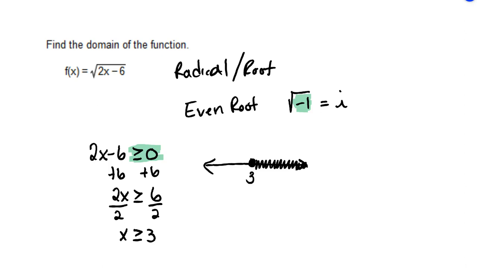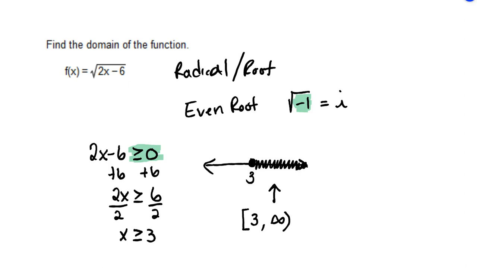And then we'll use this graph to write the interval notation. The interval notation starts at that value of 3 and goes to infinity. We're going to use a bracket on 3 to indicate that 3 is included in the domain, and a parenthesis on infinity.